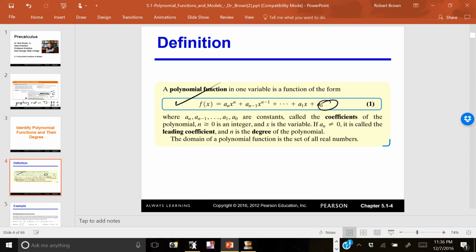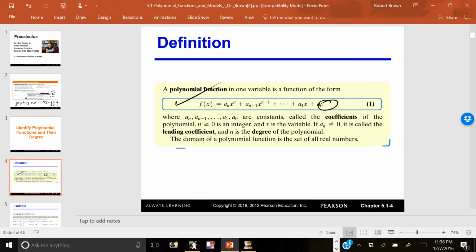A sub n, a sub n minus 1 are called the coefficients of the polynomial. n is always greater than or equal to 0 and is an integer. And of course, x is a variable.